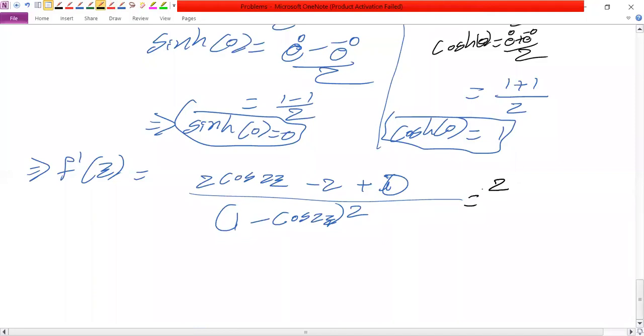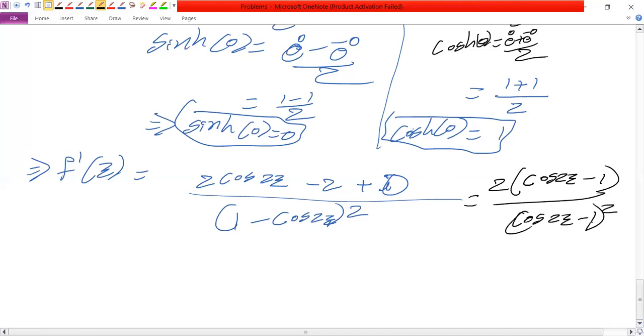Taking 2 common, we get cos 2z minus 1 by, how can we write a minus b whole square? As b minus a whole square. So cos 2z minus 1 whole square. Then the term with power 1 and the denominator square get cancelled.